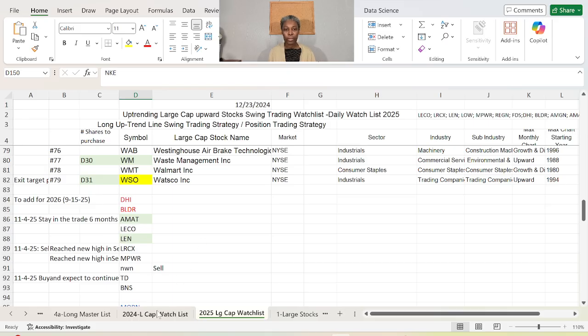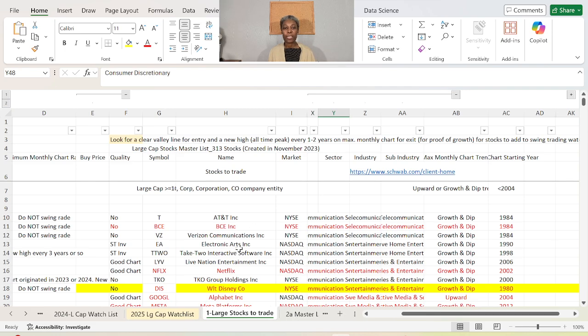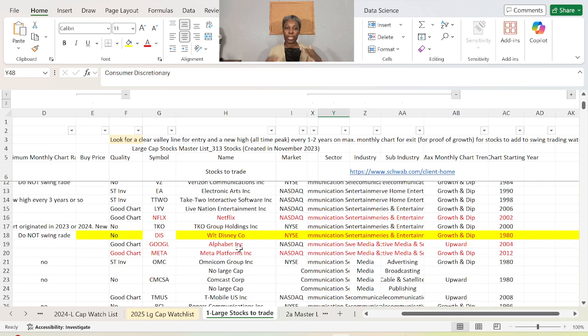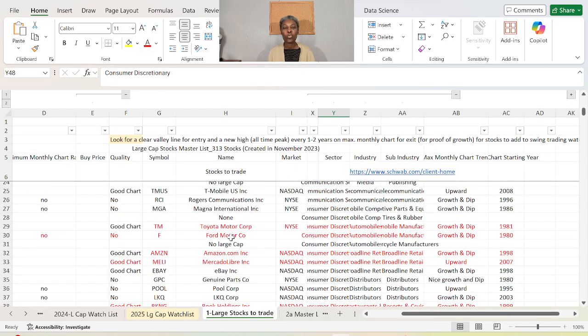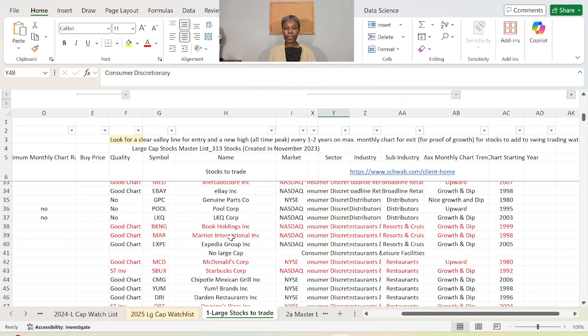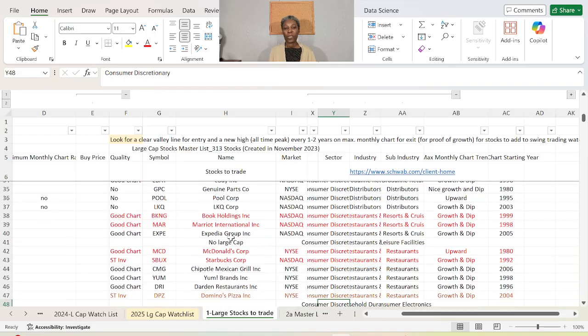So again, it depends on how many stocks I have on the watch list. I just see, by the time the year is over, how many I can do every day to go through the list and not make it overwhelming for you and me.